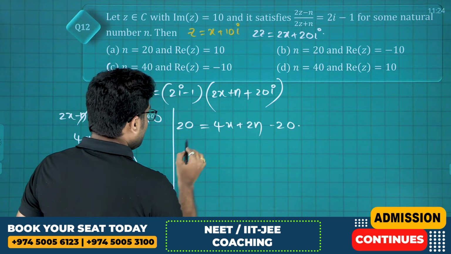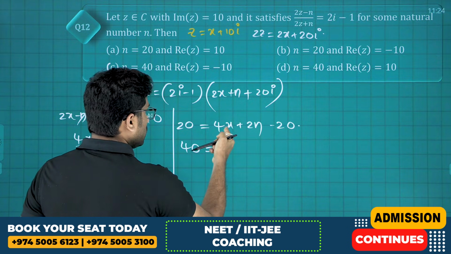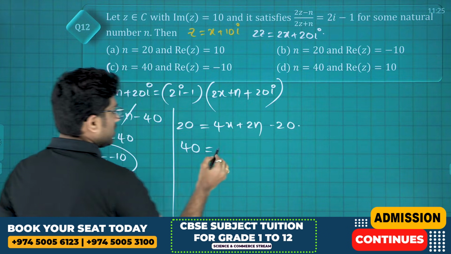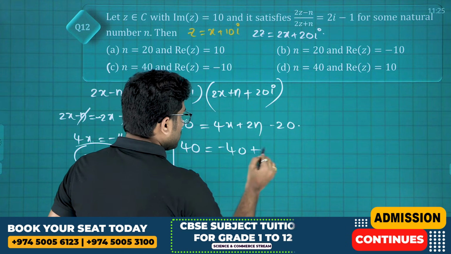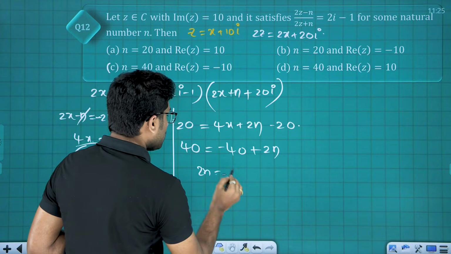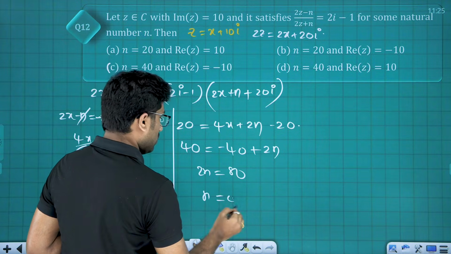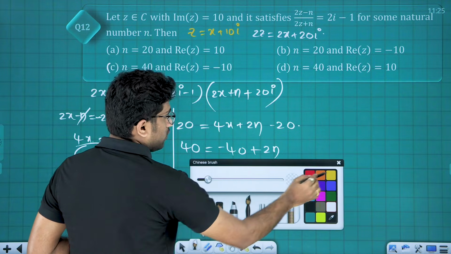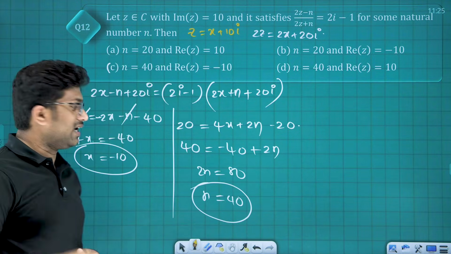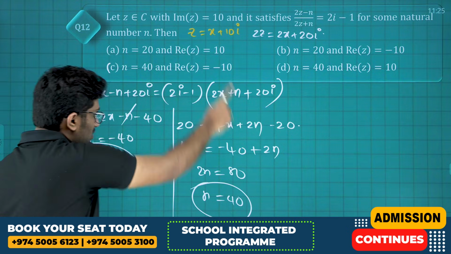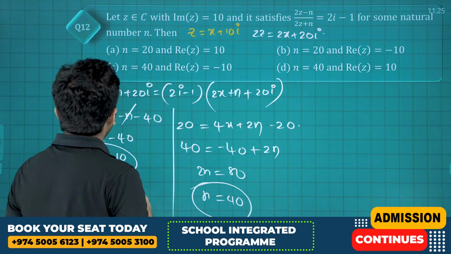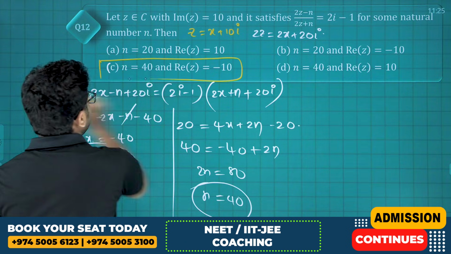So 20 plus 20, 40 is equal to 4x, that is minus 40, equals minus 40 plus 2n, 2n is equal to 80, n is equal to 40. Therefore the real part of z is minus 10, n is equal to 40, which is option C.